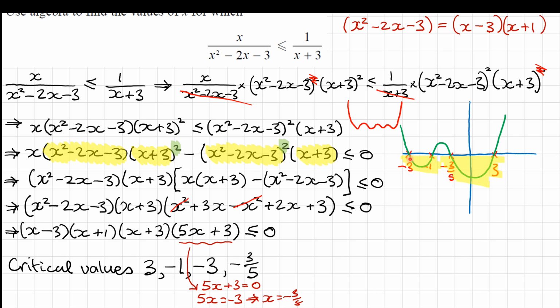Now we need to be careful because some of these values are not going to be allowed because we can't have the denominators equal to 0. So although maybe it's between these two values of -3/5 and 3, it can't be equal to -3, because if I have -3 down here, I'm going to get 0. So I'm just going to put an open circle here, to say don't include that in your solution.